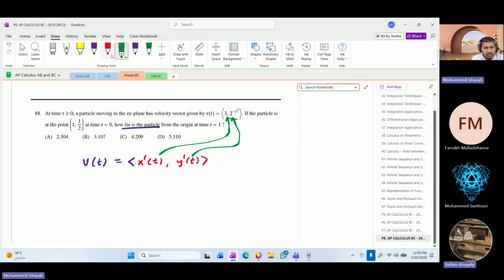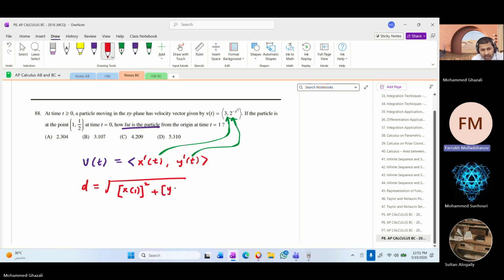So how are we going to solve this? We need the arc length. Wait, yeah, that will be the final point. So basically we need to find the distance, which is the square root of x of 1 squared, but we need to find x of 1 first. No, not prime. We're finding distance. These are the primes. We need to integrate these functions. And y of, it should be absolute value in that case.